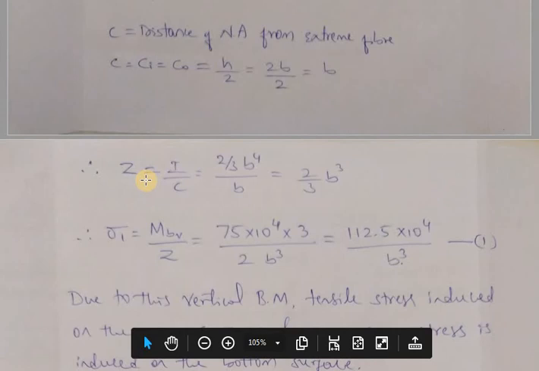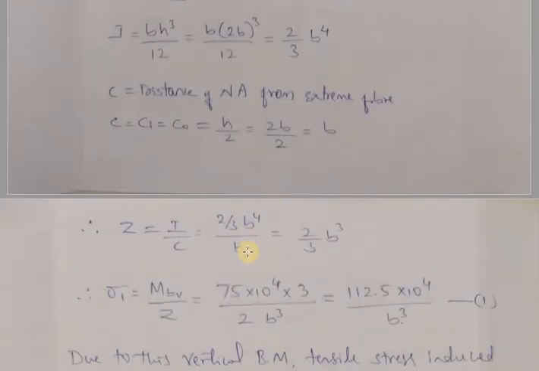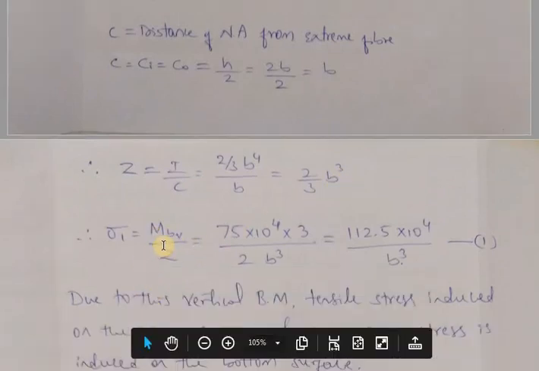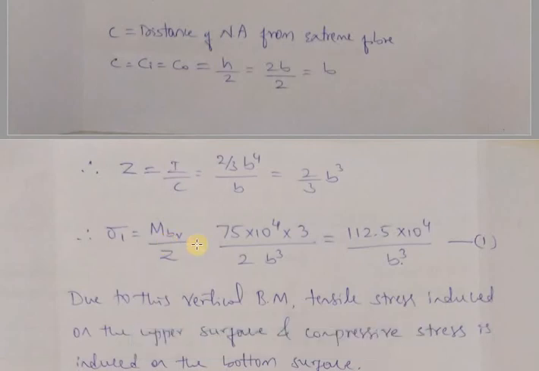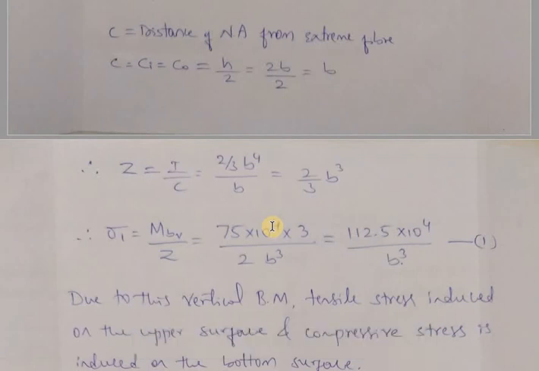Therefore, section modulus Z is equal to I by C is equal to, substituting the value of I and C, we get 2 by 3 b cube. Therefore, bending stress induced due to the vertical bending moment MBV is given by MB divided by Z, that is nothing but bending moment 75 into 10 raised to 4, and value of Z we have 2 by 3 b cube.